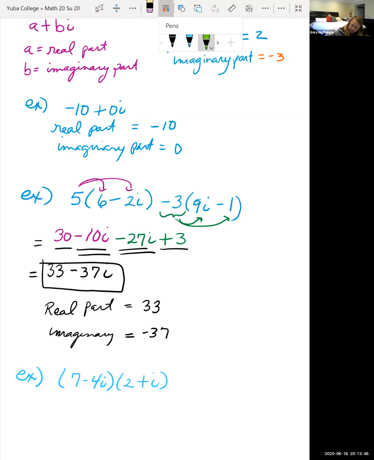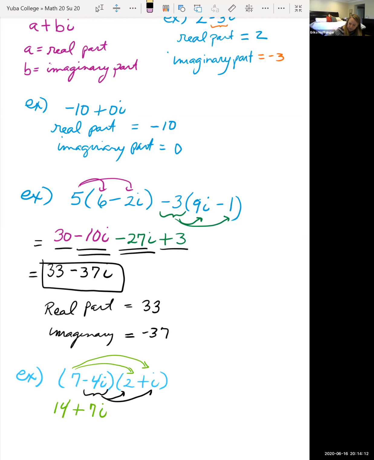Go to the next term in the first parentheses, which is -4i, and distribute it to each term in the second parentheses. So -4i times 2 is -8i, and -4i times i is -4i squared. But again, i squared is -1.